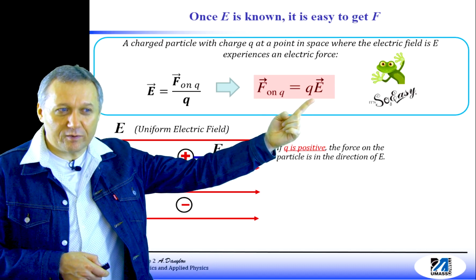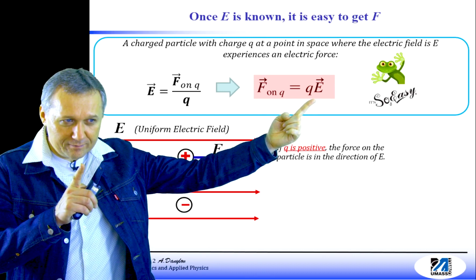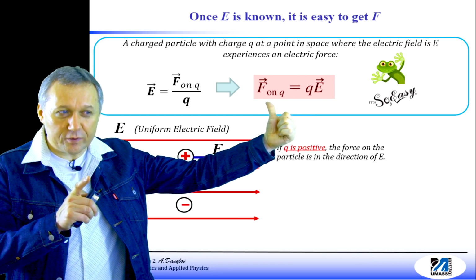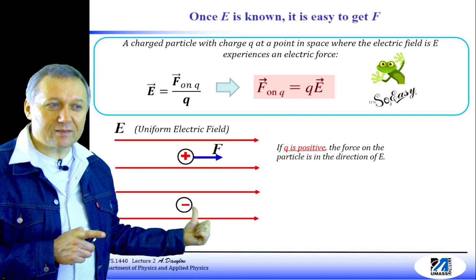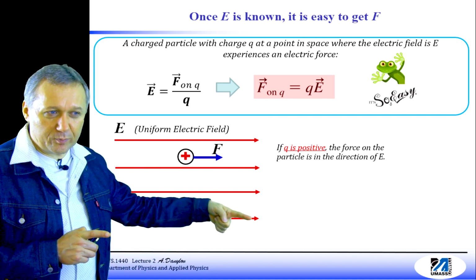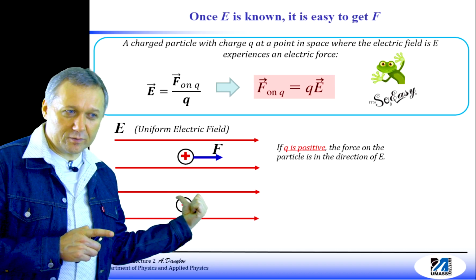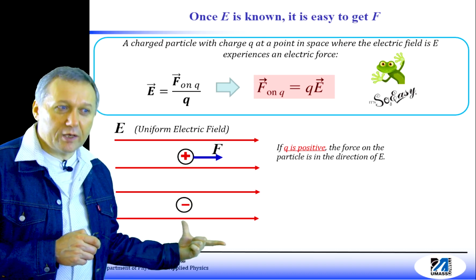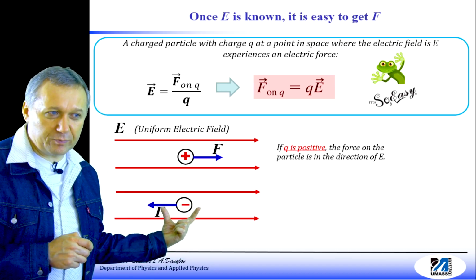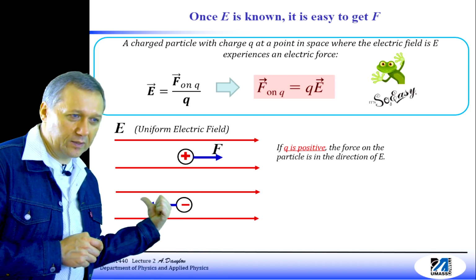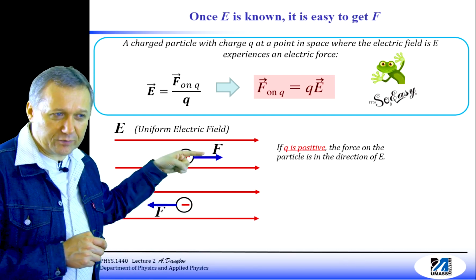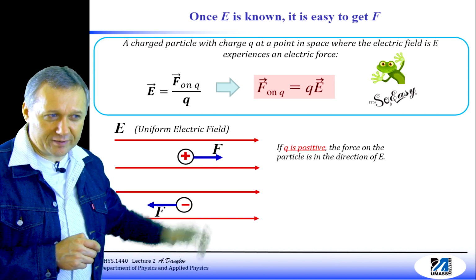It means the direction of the electric field and direction of the electric force are opposite. So although the electric field points that way, the electric force will be in the opposite direction. This negative charge will experience force that way, and of course it will start accelerating that way. But positive charge experiences force that way, and it will be accelerating that way.